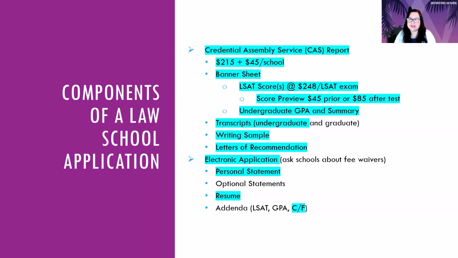So something like an LSAT or GPA addendum, where you're giving some more context to your score or to your grades, those are typically optional, but can be recommended in certain situations. A character and fitness addendum, however, is something that is required if you answer yes to any of our character and fitness questions at the end of the application. Things like, have you ever been party to a lawsuit?